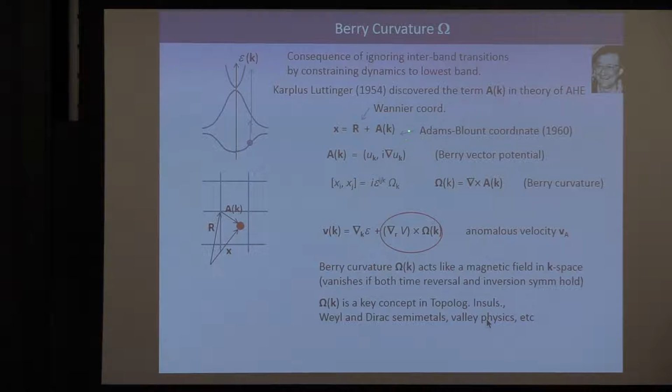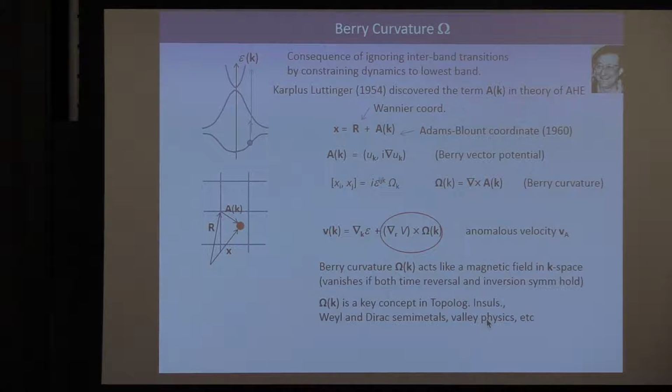So if you propose that there is an interstitial site A, and you do some very simple quantum mechanics, calculate the commutation relation, if you commute x and x, you don't get 0 as in ordinary free space quantum mechanics. You get the Berry curvature, which is the gradient in k space of A. So A is the inner product of the periodic part of the Schrodinger wave function with the momentum operator.